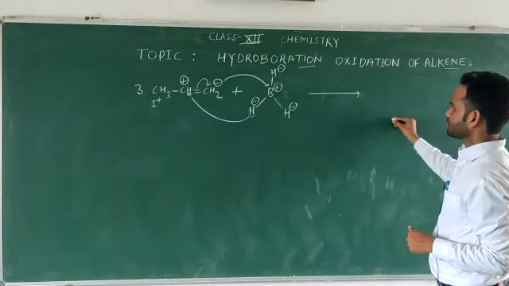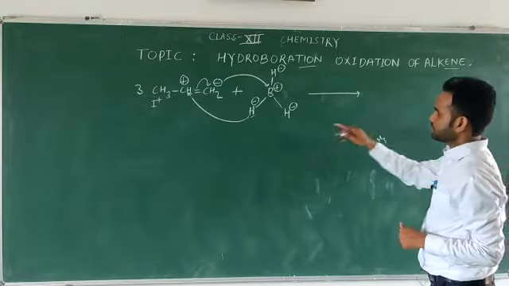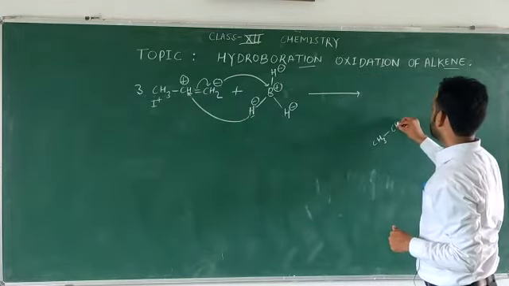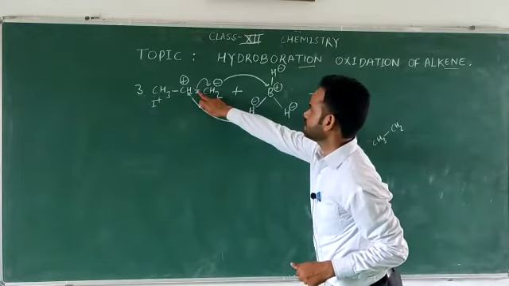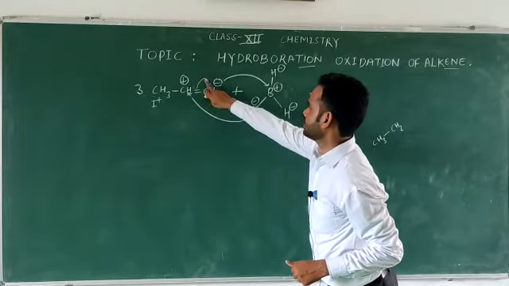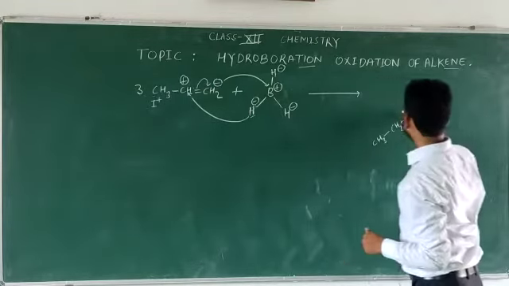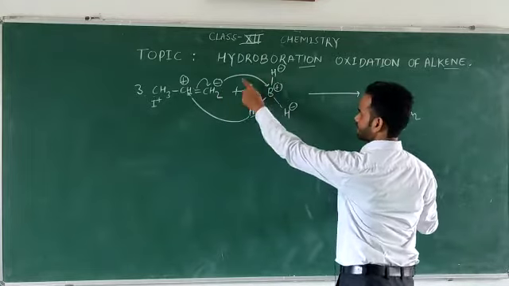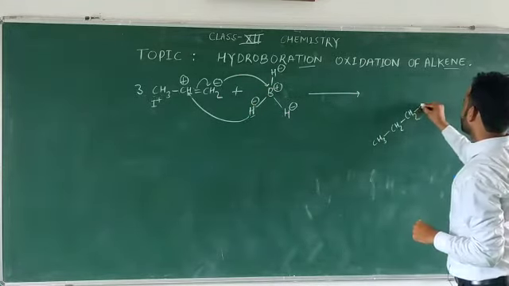So after the combination, we can get CH3, and this CH will be CH2, single bond CH2, because this bond is shifted here. So single bond CH2, and this CH2 is negative, and because this is going to be combined with this boron, it would be here like this.